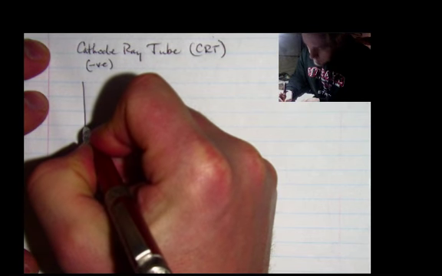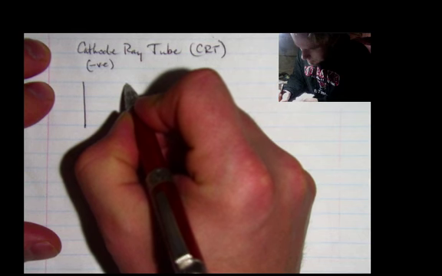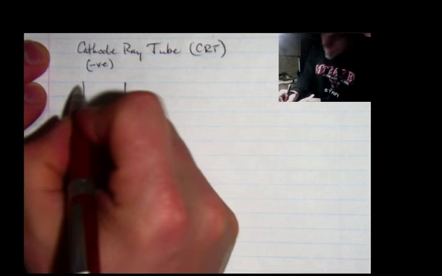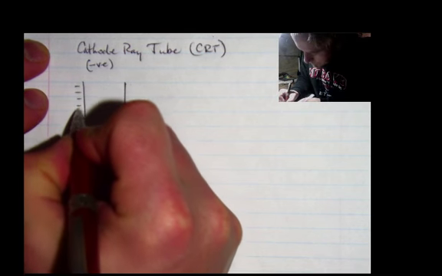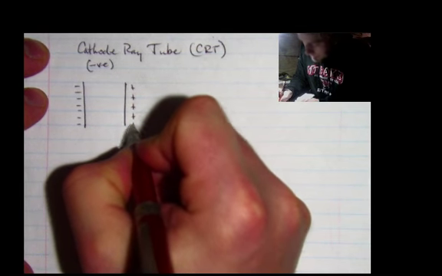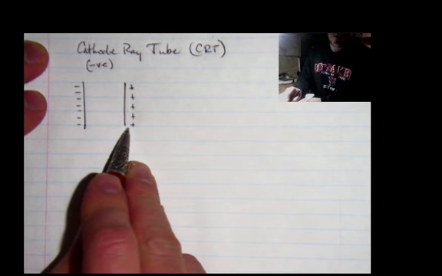If I have a charged plate at a distance from another charged plate, and I charge this plate with electrons and this plate with a lack of electrons, I get a potential difference between these two plates.